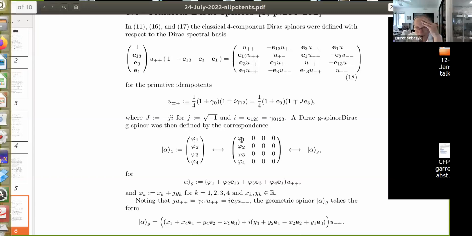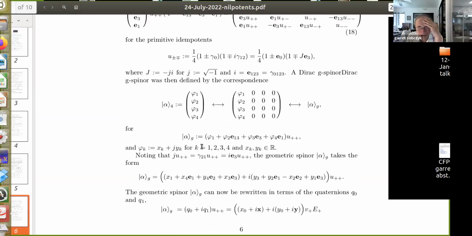You can identify that with the matrix with just the first column non-zero and everything else zero. That can be identified as a Dirac spinor. That's what people do. Hestenes does that. Lounesto does that. Other people do that. Well, making that identification, the Dirac spinor can be represented in terms of this times the U++.